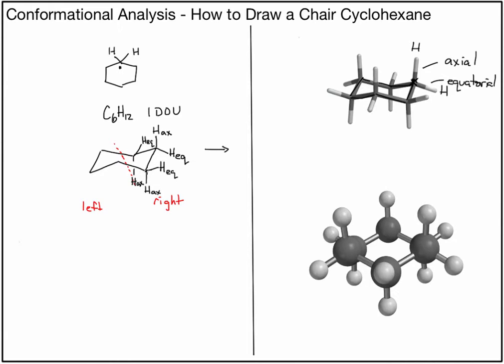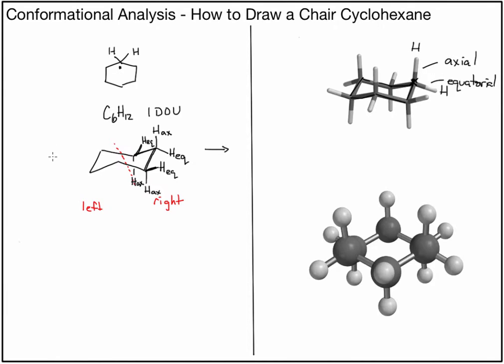So this equatorial bond here is parallel to this bond here. This equatorial bond is parallel to that bond there. So when you draw the equatorial hydrogens, they should form a Z or an N shape to show the parallel bonds.